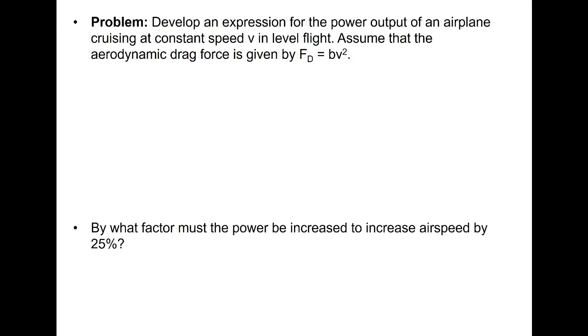Okay, here's another quick example. Let's say that we have quadratic air drag given by bv squared. We want to develop an expression for the power output of a plane cruising at a constant speed v. All right, well, power is just F dot v, and so we can say that it's approximately equal to bv cubed.